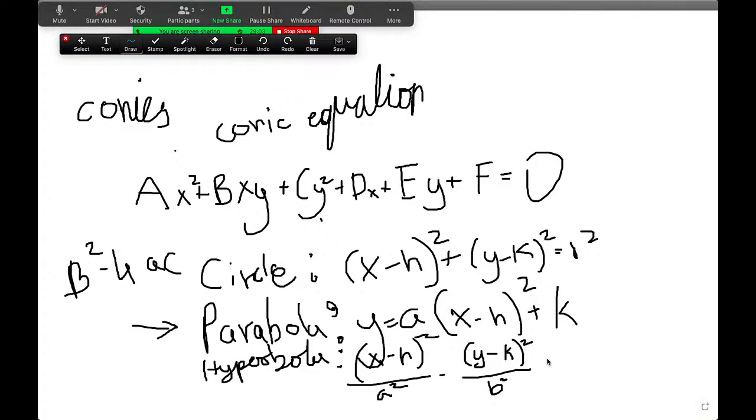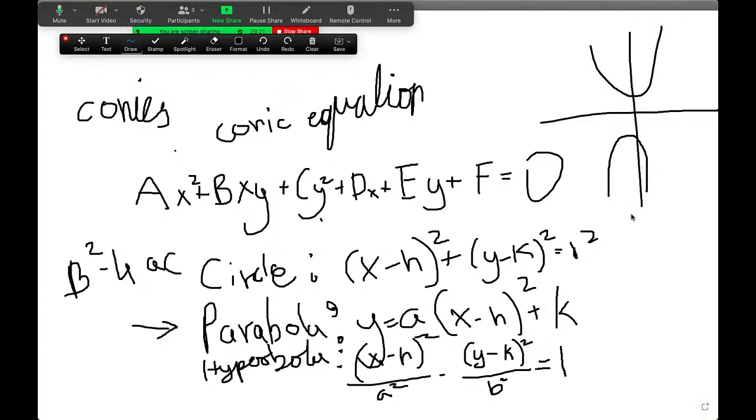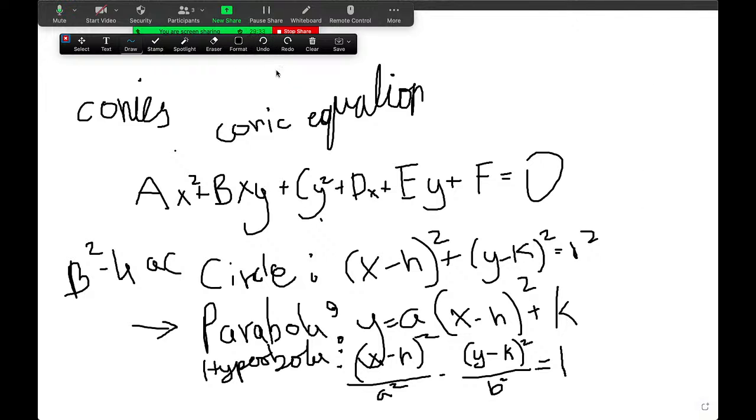Yeah, good job. Is equal to, do you know what it's equal to? R squared? No, it's just 1. Remember, hyperbolas don't have a radius. Hyperbolas look like one parabola and then a second parabola, even though they're not really parabolas. It looks something like this, and this. I can't really draw well with this thing, but something like that.